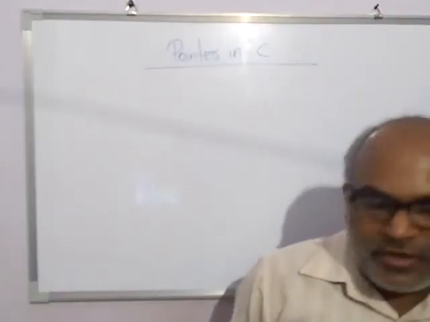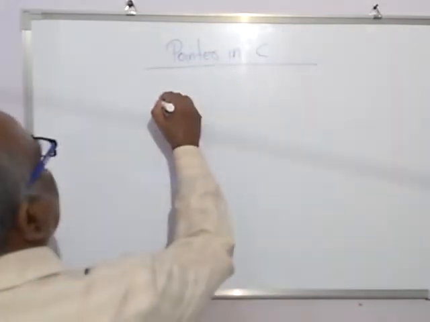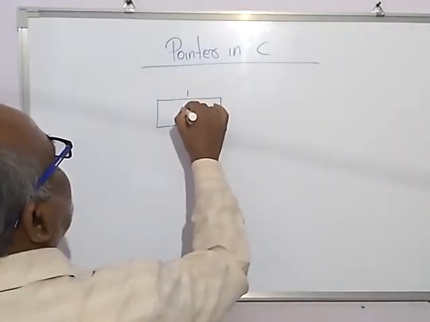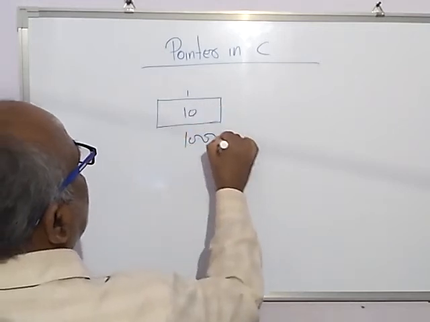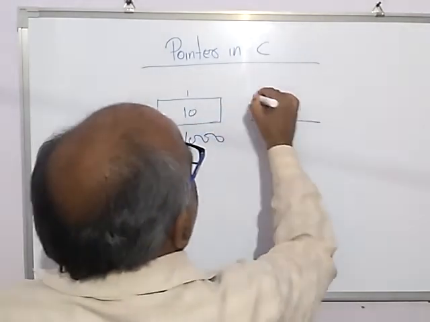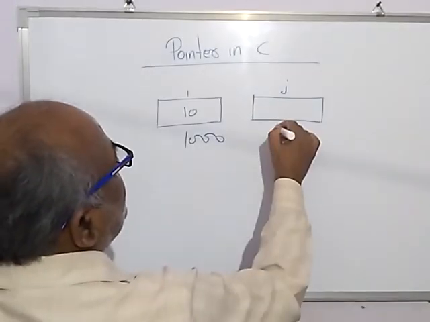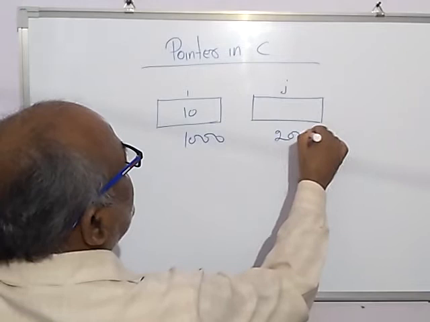Suppose we consider a variable I. This is the variable I, the value is 10. Suppose the address is 1000. Suppose we consider another variable J, and its address is 2000.